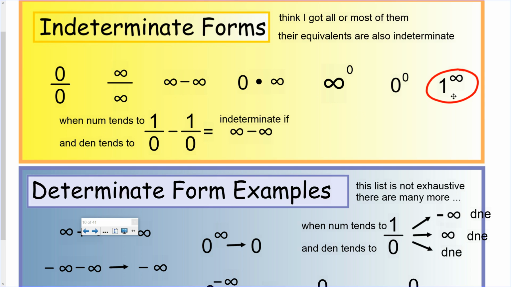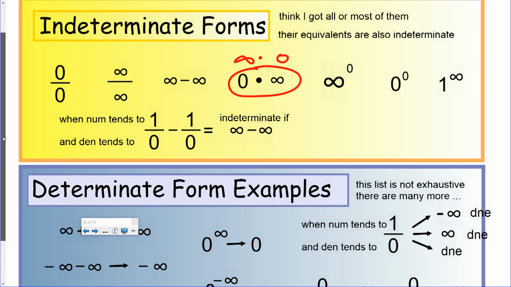This one looks like it should be what? 1, but it's not. I can give you a limit problem where this is not 1. Let's see, this one looks like it should be what? 0, but it's not, okay? If you get 0 times infinity or infinity times 0, it's actually, oh, gotta do something else, okay?